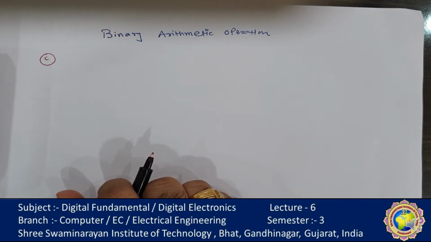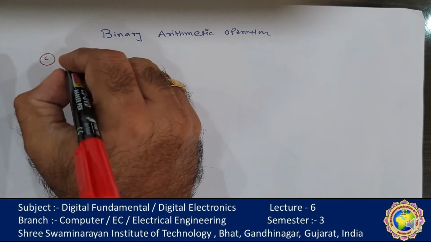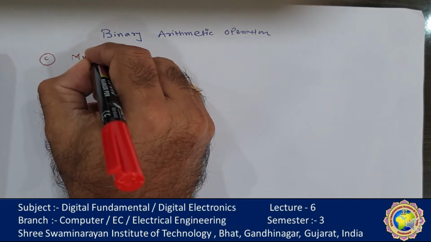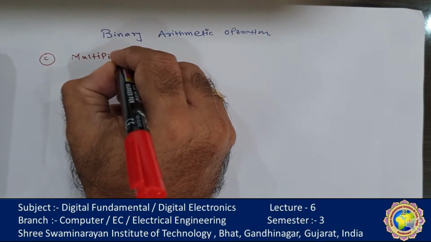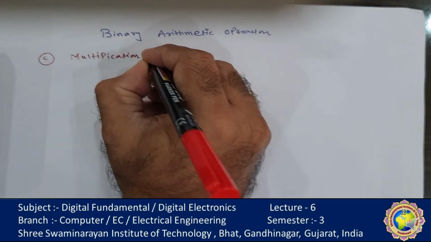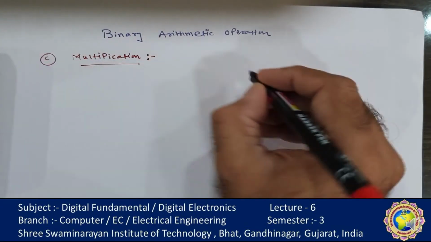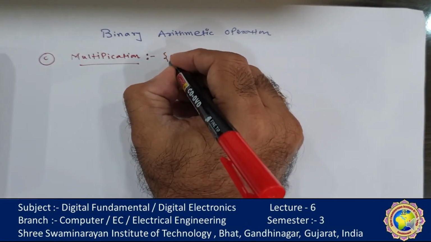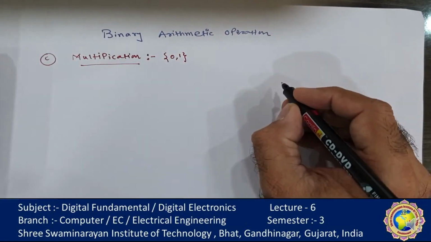Now after addition and subtraction, we will discuss multiplication. In binary multiplication, again only 2 bits are possible, 0 and 1.